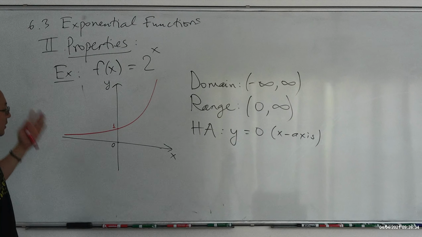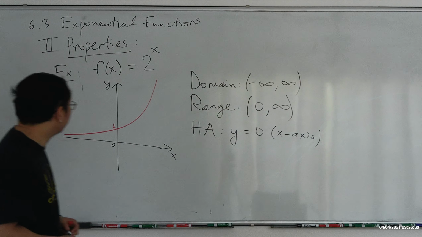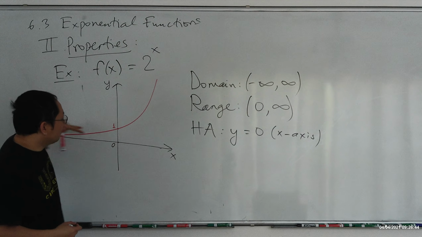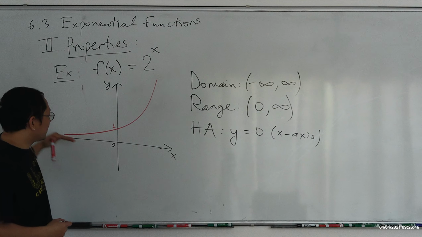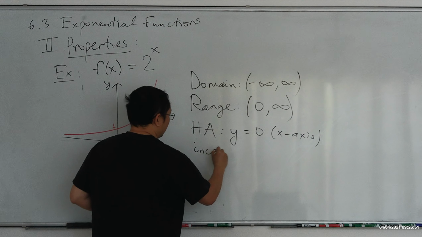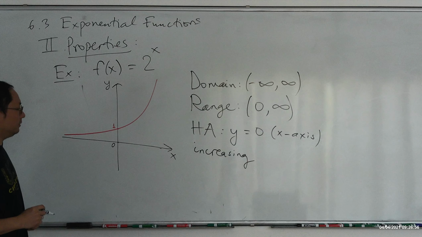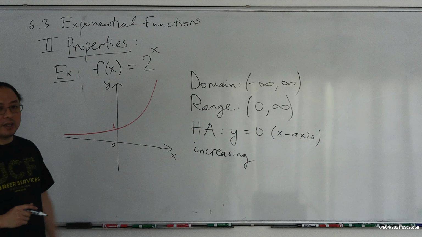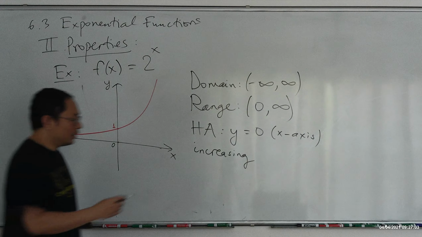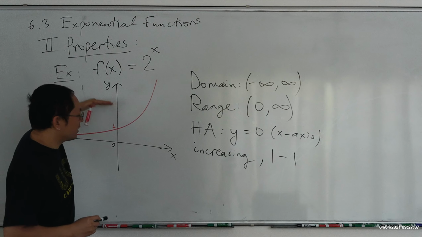What else? Domain, range, the asymptote. More: you see that this graph is always going up from left to right. It never changes direction. So we say that the function is increasing. According to what we learned from the previous sections, if the function is always increasing, the function is one-to-one. It passes the horizontal line test.